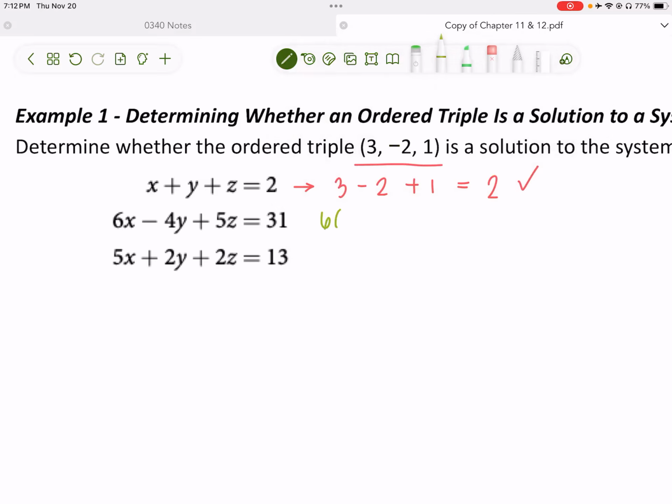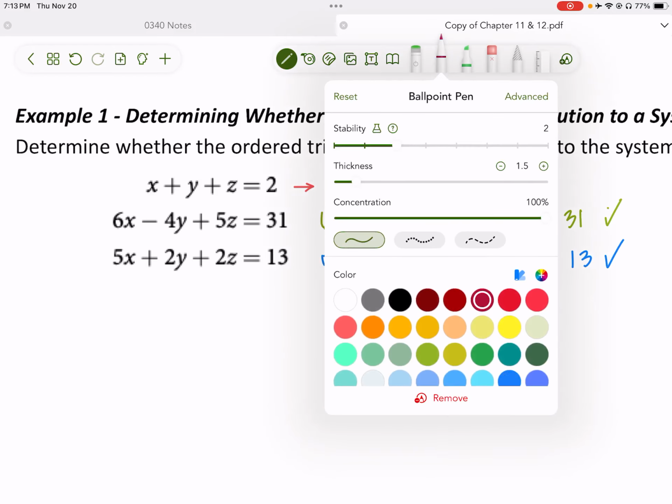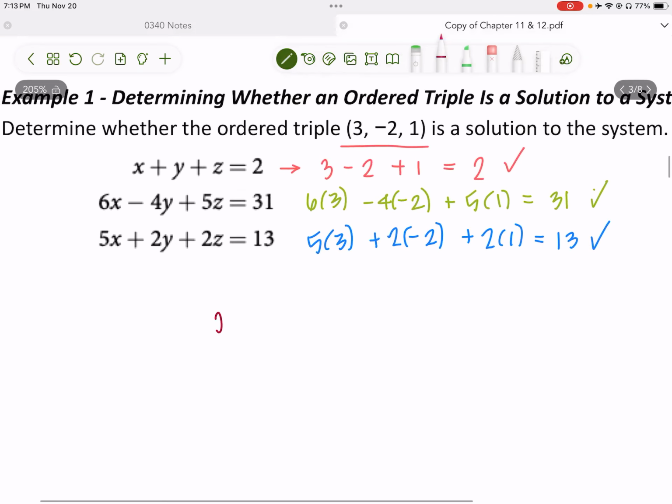We have 6 times 3 minus 4 times negative 2 plus 5 times 1. Is that going to equal 31? Yes, it is. Then we have 5 times 3 plus 2 times negative 2 plus 2 times 1. Is that equal to 13? Yes. So that means the ordered triple is the solution.